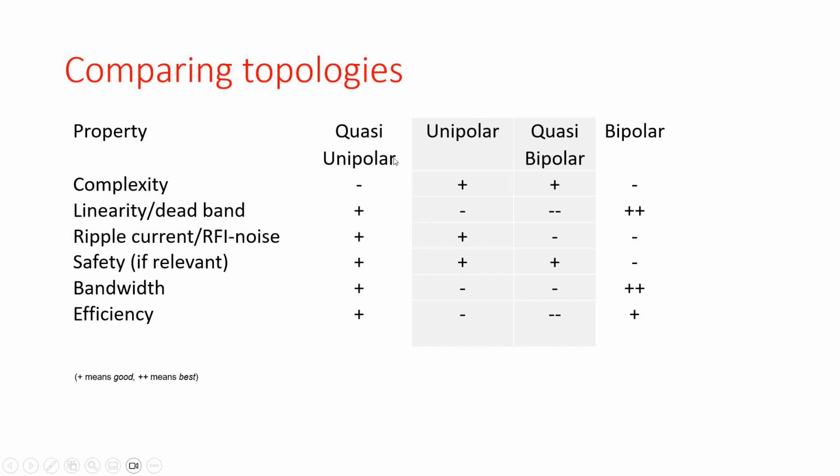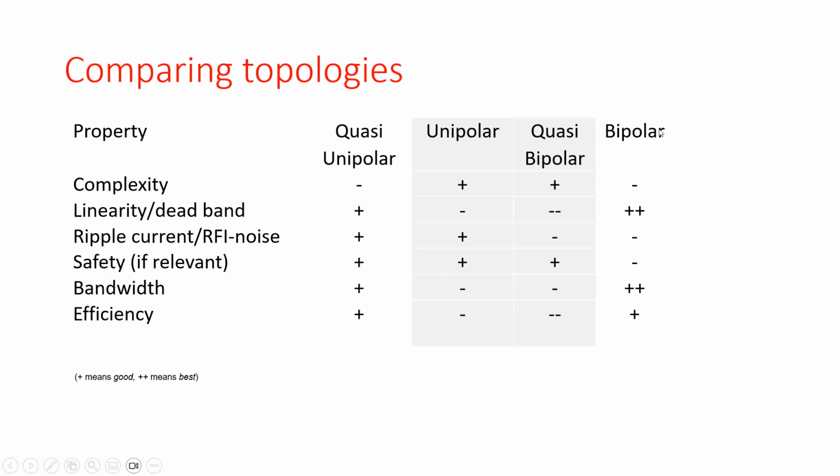We see, for instance, that the quasi-unipolar topology has positive aspects on almost every property: efficiency, bandwidth, safety, ripple, linearity, etc. Of course, it's somewhat more complex than the obsolete ones, but it's still a very usable topology.